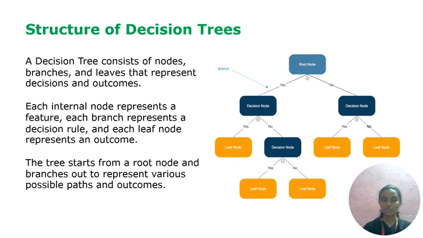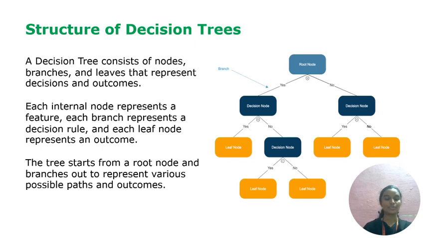The leaf node is the last level of the tree, whereas the decision node represents the decision rule, which is present in between the root and the leaf node, and the leaf node represents the whole outcome which has been derived from the root node and the decision node.